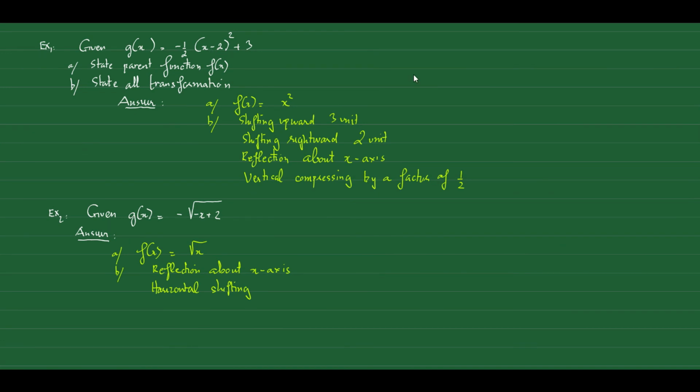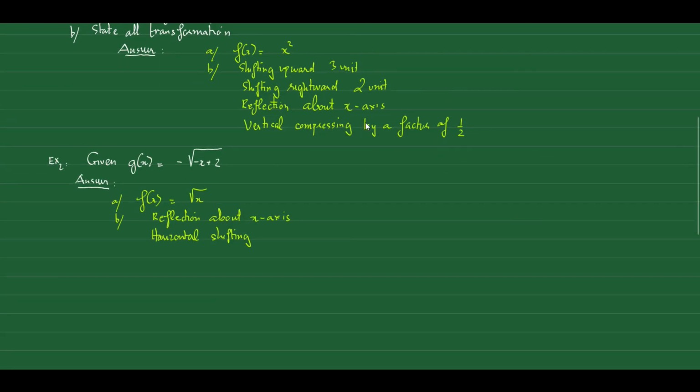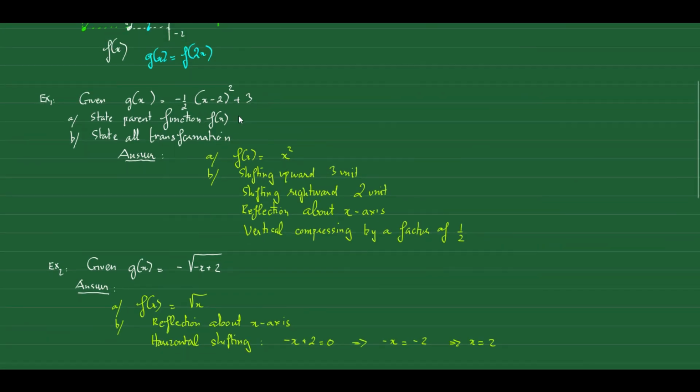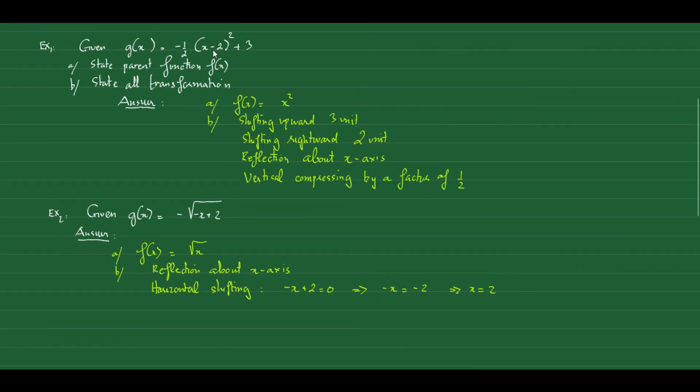To know whether this is moving left or right, we set this equal to 0 and solve for x. So x equals 2. It is positive, so we know that this is shifting right.